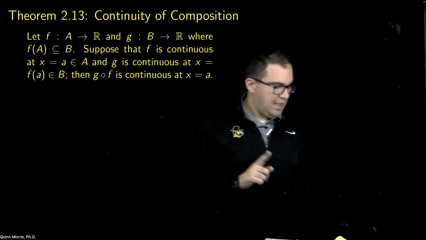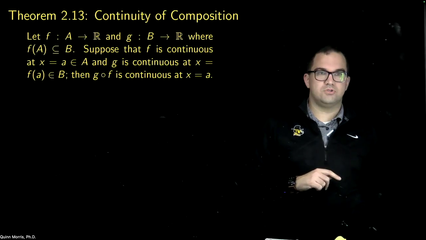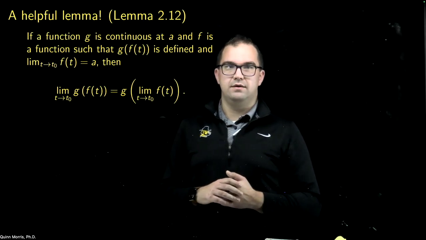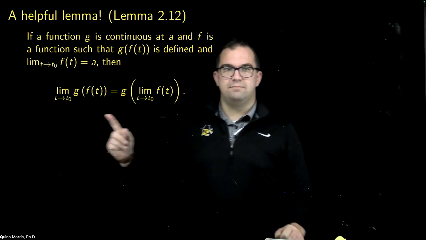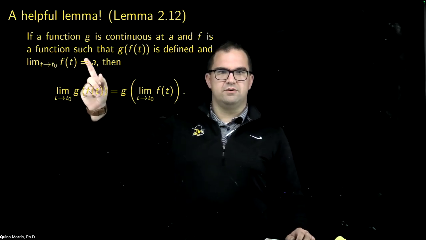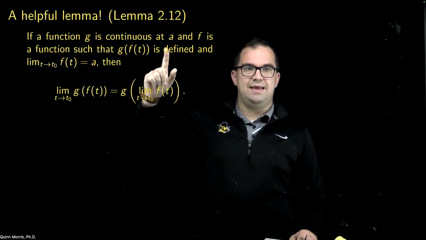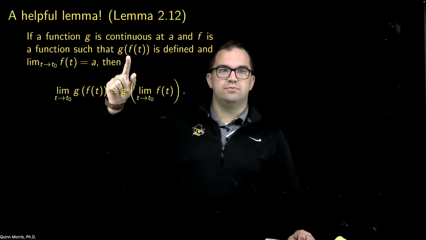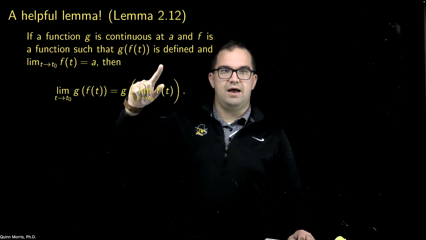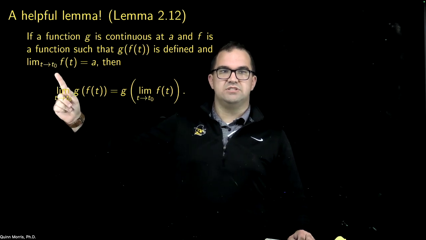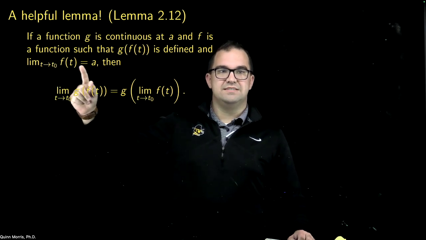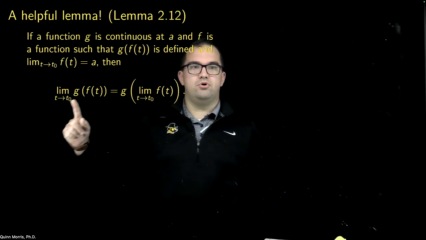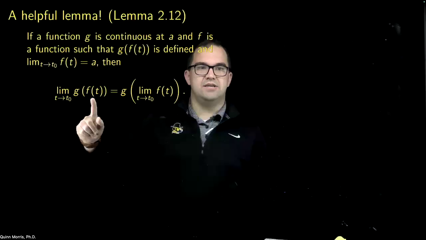To help us there, we're actually first going to prove a short lemma. And this lemma says if a function G is continuous at A and F is a function such that G composed with F of T is defined and the limit as T approaches T naught of F of T is equal to A, then what this really says is you can push a limit inside of a continuous function.